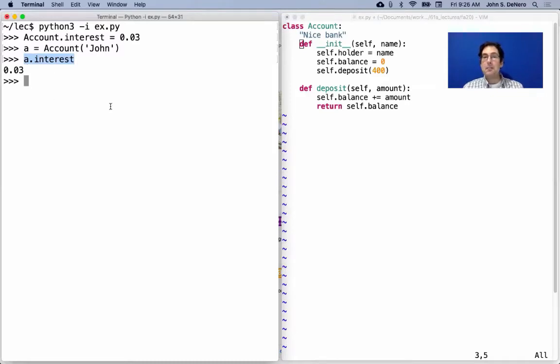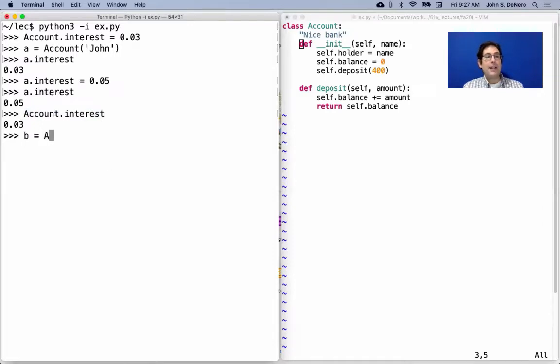It's just part of Python that it looks in the instance attributes first, and if it doesn't find interest, then it looks in the class. It happens to have found this one in the class. But if we gave this thing an interest attribute, well, that might be too high. Now it has changed, but the class's interest rate has not changed, because this was instance attribute assignment, which changed an instance attribute. We didn't change the account class.